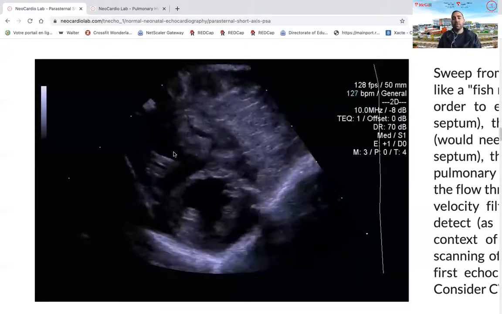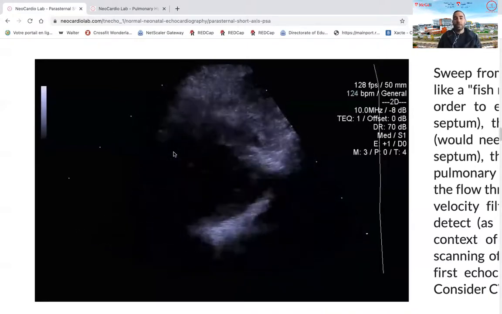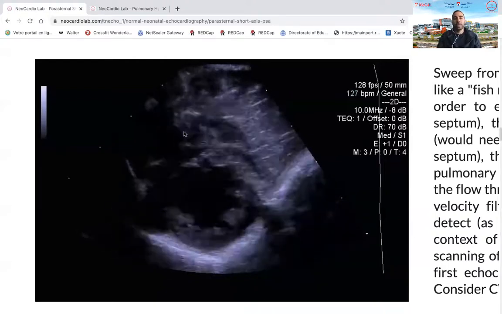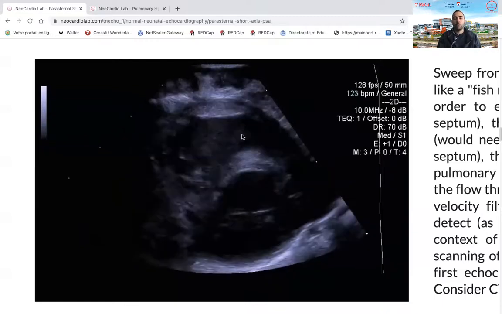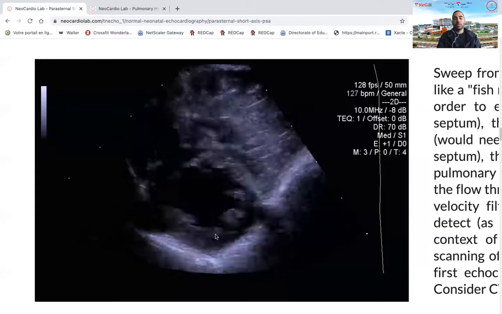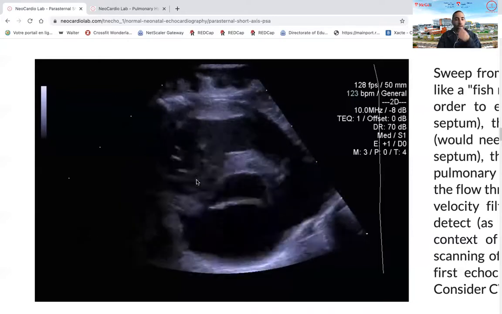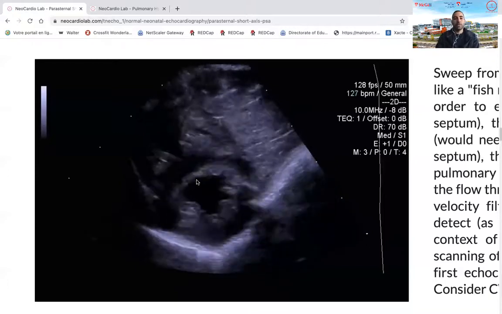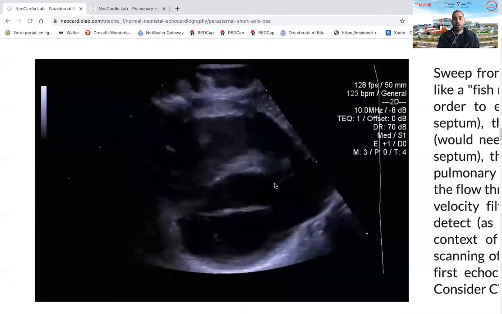And typically, the right ventricle is a much more trabeculated ventricle. It has a moderator band, and some of the attachments of the tricuspid valve are coming into the septal wall, compared to the LV, which will never have septal attachment of the mitral valve and will have a relatively smoother surface.